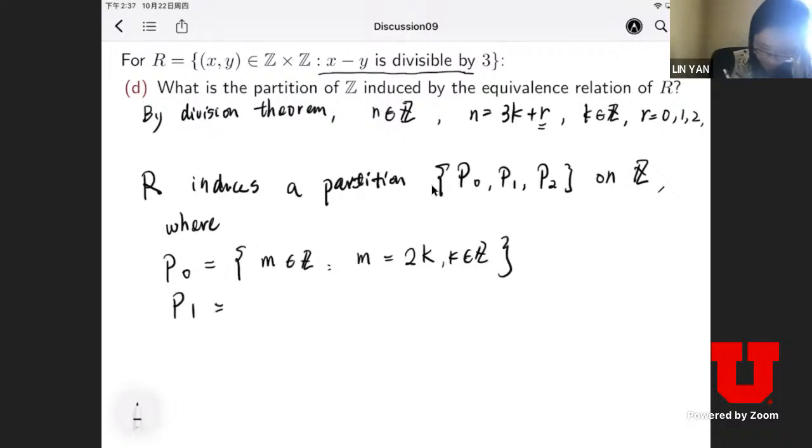And P1 is the integers whose remainder is 1.